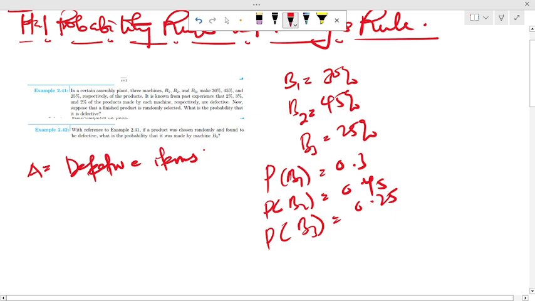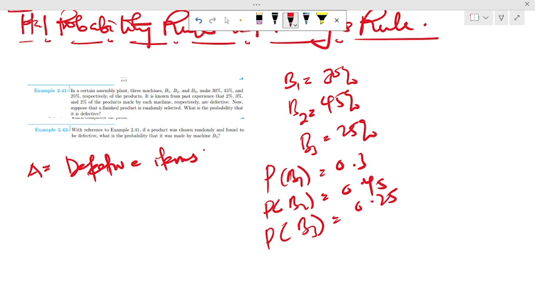Now I've already read the question, that's why I'm solving it like that. But let's read the question first before we solve it. In a certain assembly plant, three machines B1, B2, B3 make 30%, 45%, 25% respectively of the product, right? That means that 30% of the product is made by B1, right?